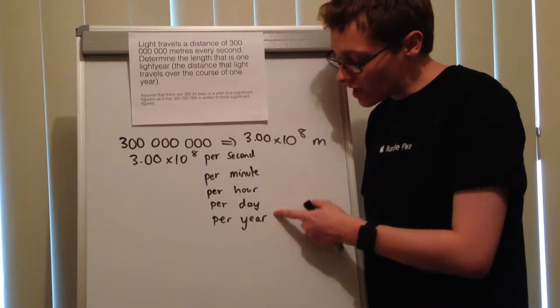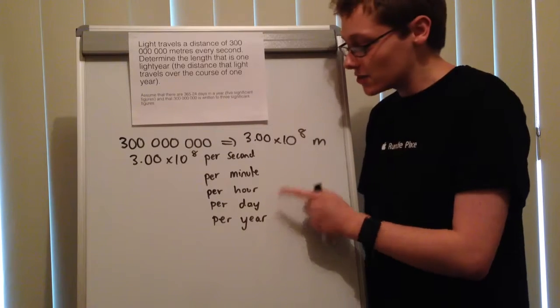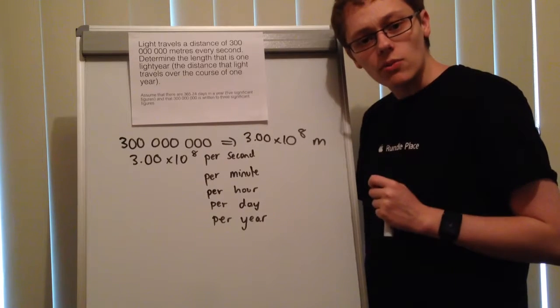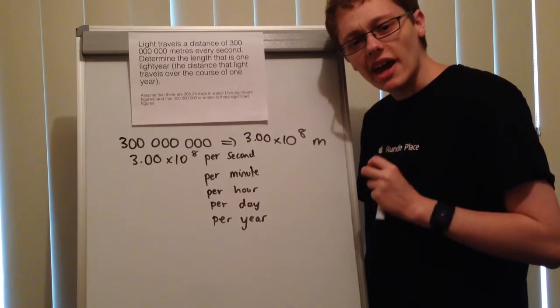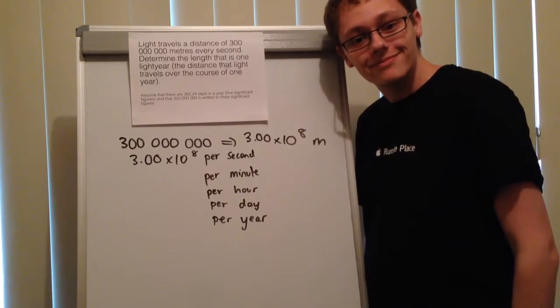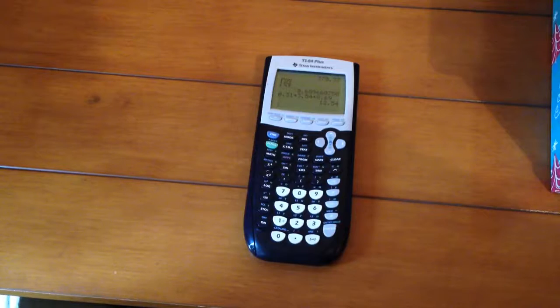We want to try and work out how far it travels in a year, so we need to make sure that we're getting closer to that goal. So we can use technology to work out how far light travels in a minute. To work out how far light travels in a minute, we simply need to put in how far light travels within a second and then multiply it by 60.